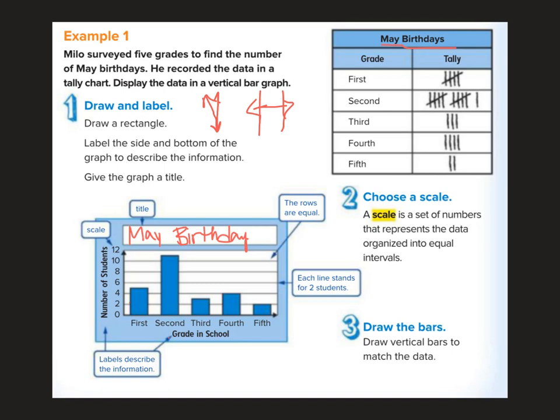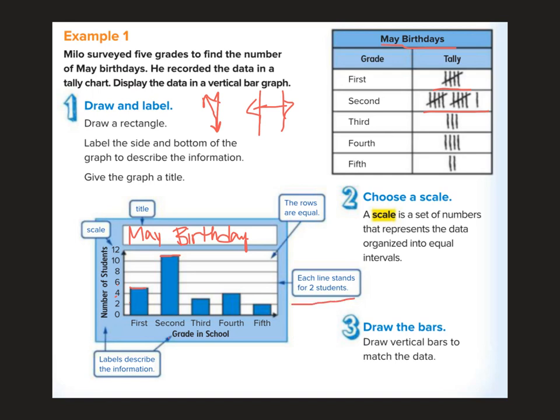I notice I have 5 first graders. 5 is halfway between 4 and 6, so that's going to go halfway between 4 and 6. Second grade has 11, so again, that's halfway between 10 and 12. Goes up to there. Notice there's spacing between the bars. That's really important, that you put space between them.